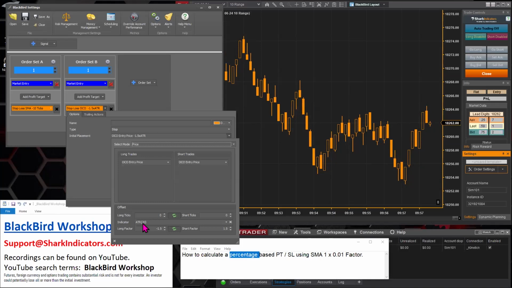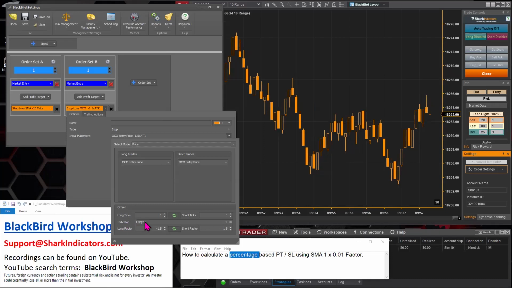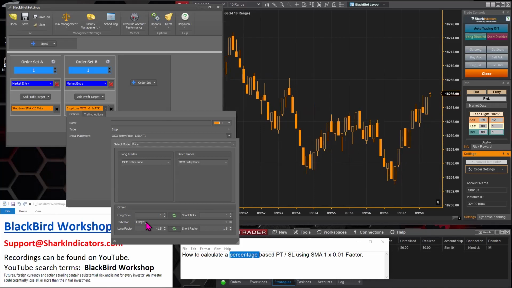It outputs in points. It's telling you the average true range in the instrument's point value. So it's not ticks, it's point values. The only indicators that work down here are indicators that output in a point-based value system.